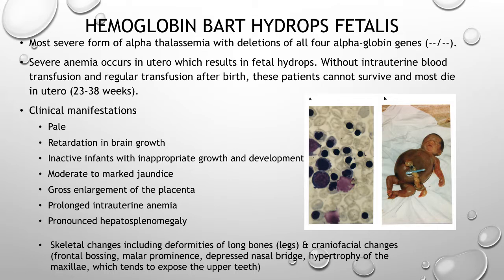And actually, according to Peel and Weatherall, a few children with hemoglobin Bart hydrops fetalis who received intrauterine transfusions and transfusions immediately post-delivery have been shown to survive up to 5 years of age. As you will see in this picture, on the left side in A is a peripheral blood smear with immature red cell precursors and hypochromic microcytic red cells that show anisocytosis and poikilocytosis.